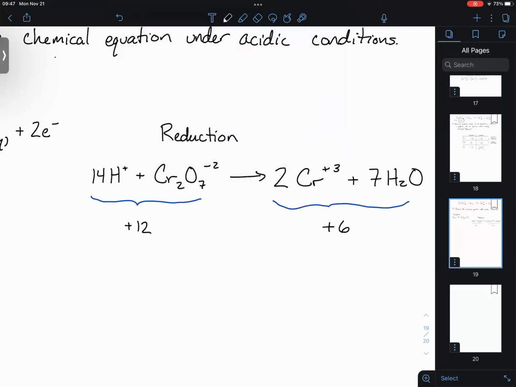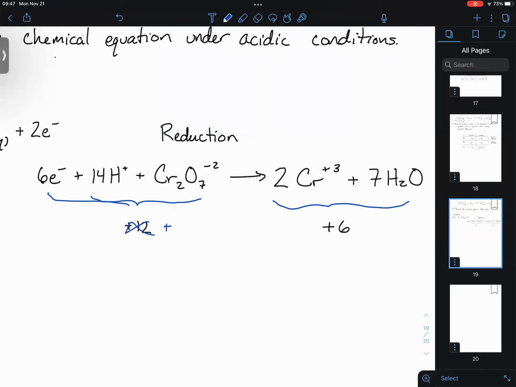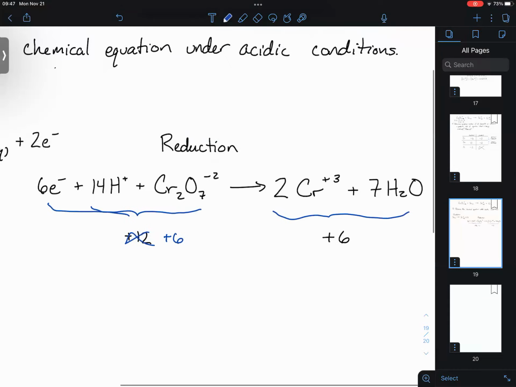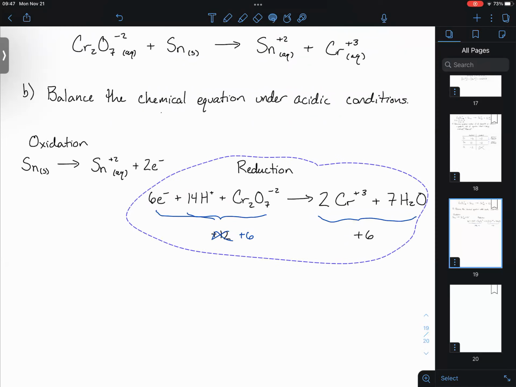So I'm going to have to add 6 more electrons to this side of my reduction reaction. And again, just to note, because now when I sum everything up, it'll equal +6.